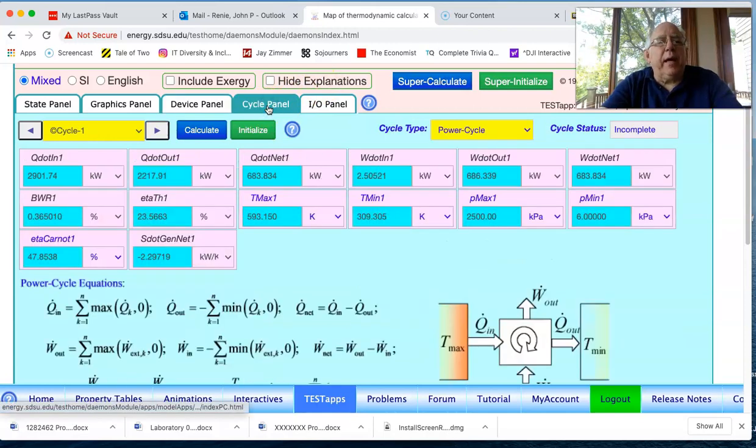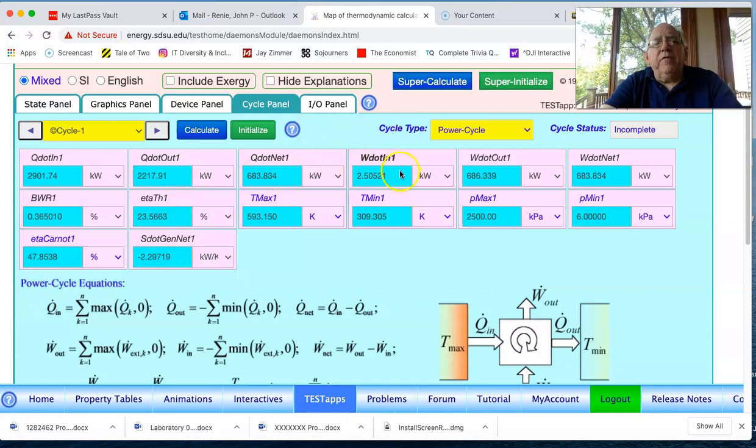If I went to the cycle panel, one could see that they're all identified here. Okay, here was the heat that was going in the boiler. This term right here you have to be careful with, because this includes both the condenser as well as the heat that was delivered to the campus heating system.